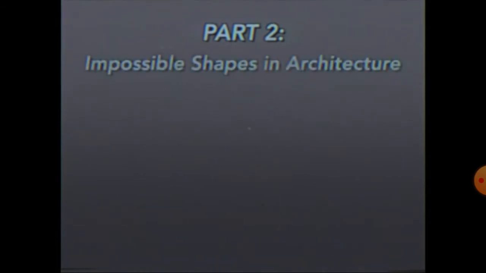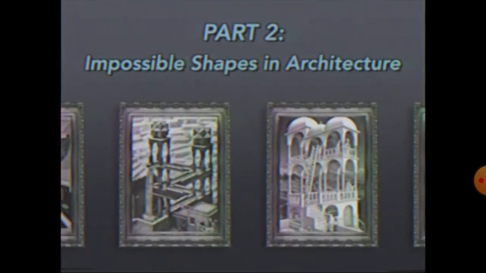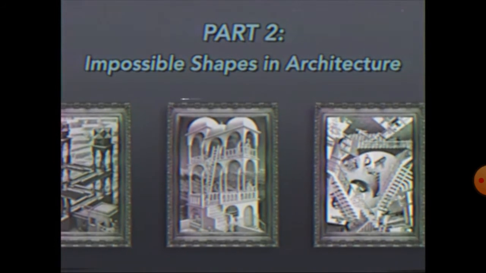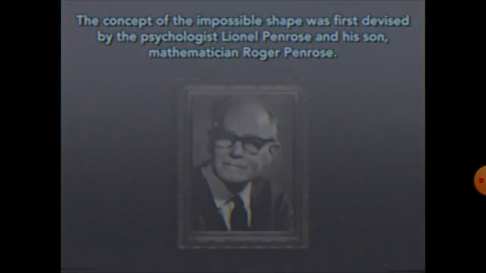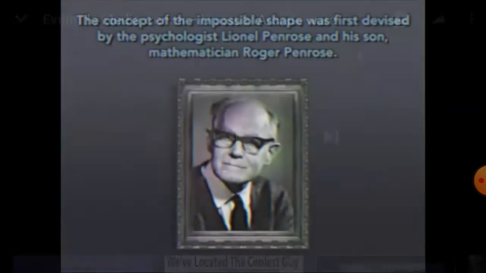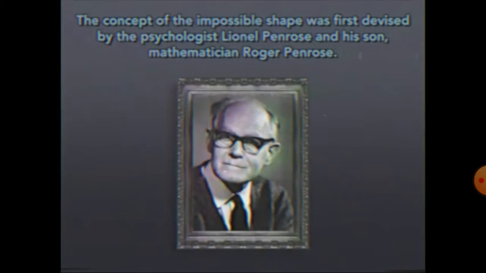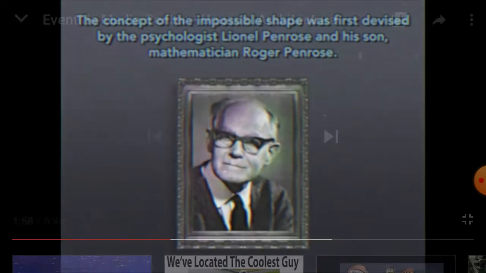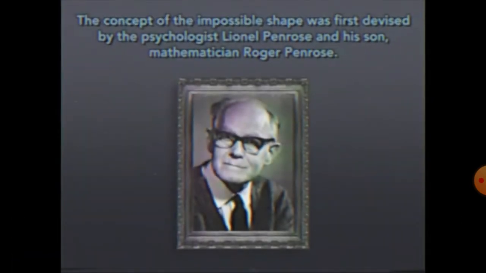Part 2. Impossible shapes in architecture. The concept of the impossible shape was first devised by the psychologist Lionel Penrose and his son, mathematician Roger Penrose.